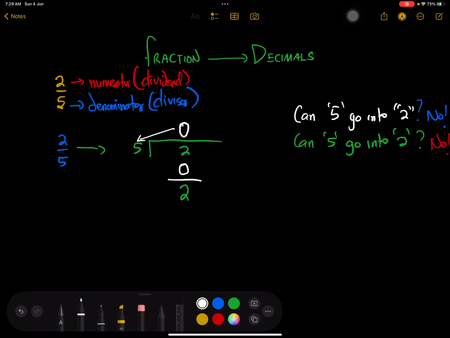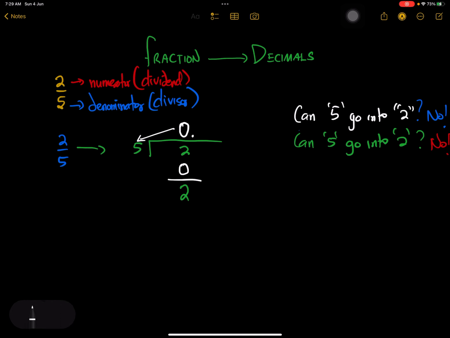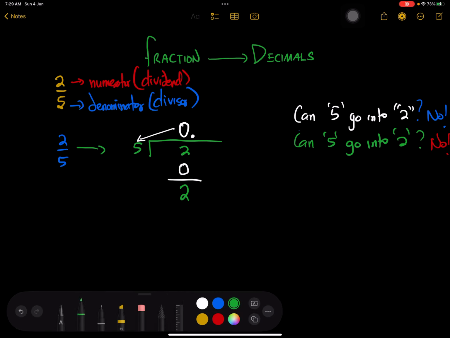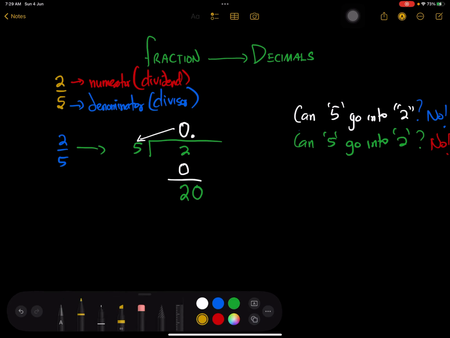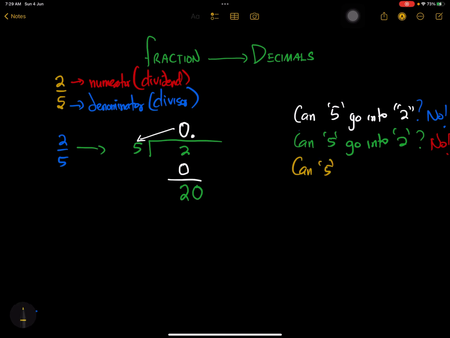So instead of putting another 0 on top, that one becomes the decimal point, because we've already introduced a 0. And the moment we put a decimal point here, we need to add a 0 by the side of the 2. Now we ask the question: can 5 go into 20?